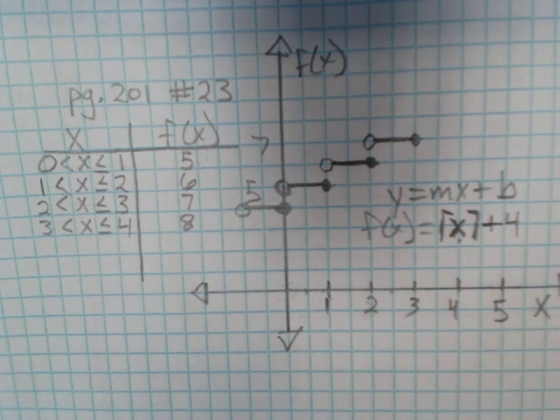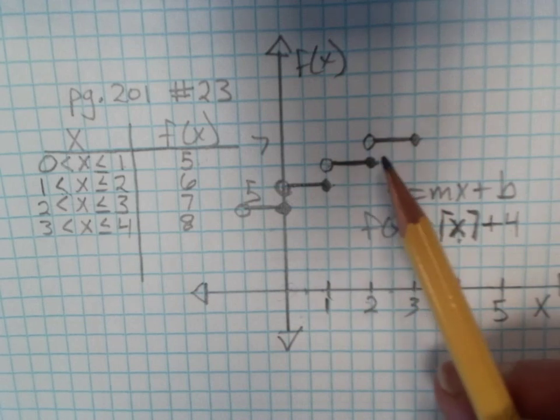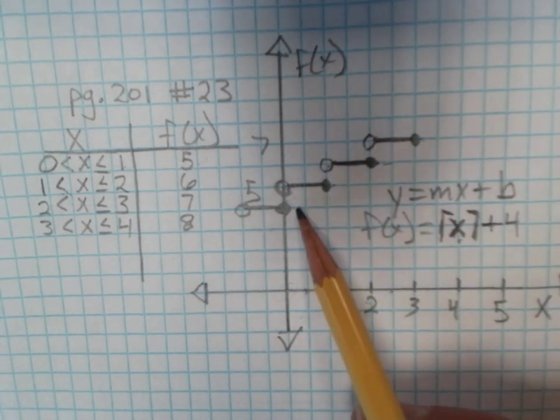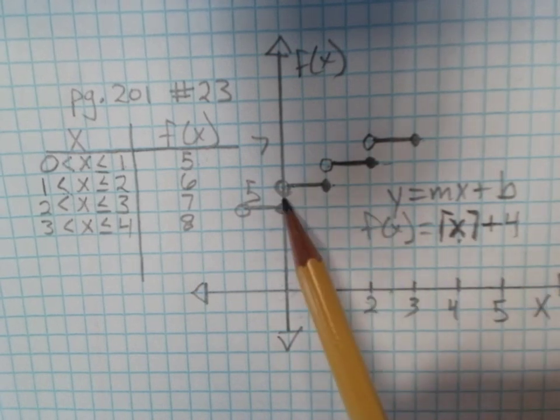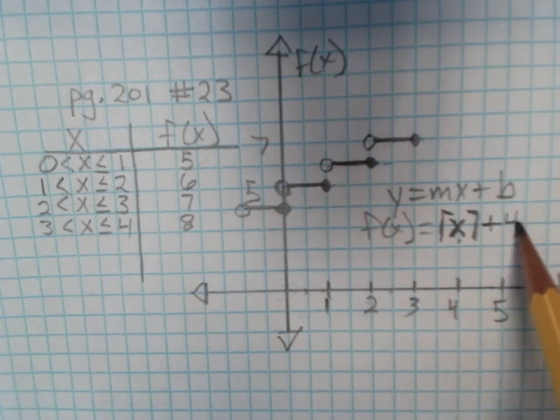Okay? So you're looking for slope, up 1 over 1, up 1 over 1, up 1 over 1. And then what is happening with the x? In this case, we have our y-intercept, b is 4, and I want to make sure we round up and then add the y-intercept.